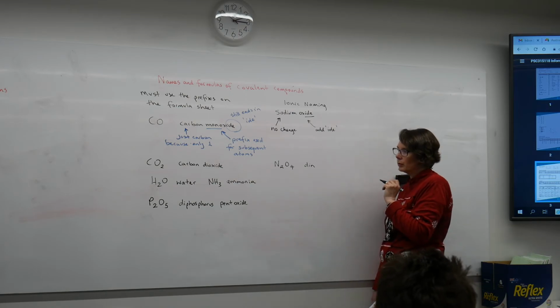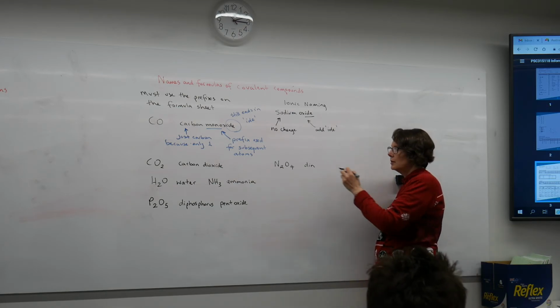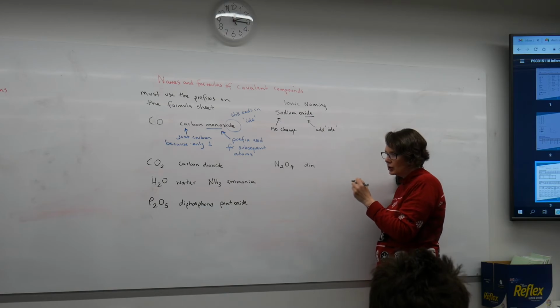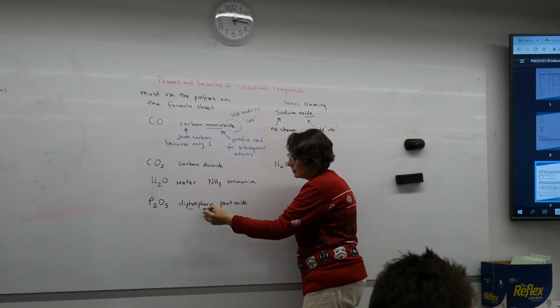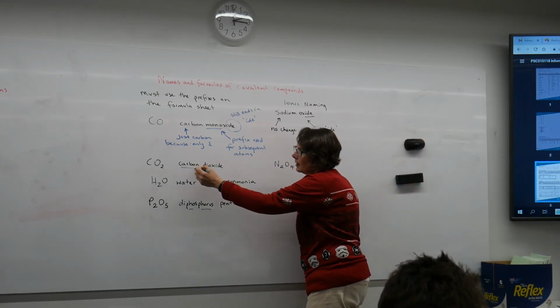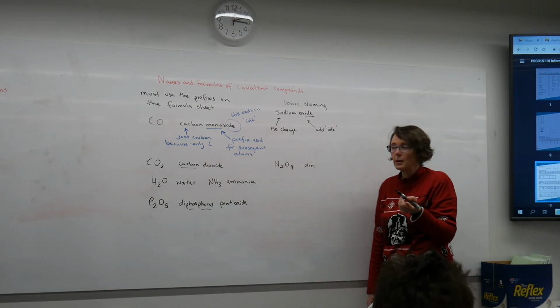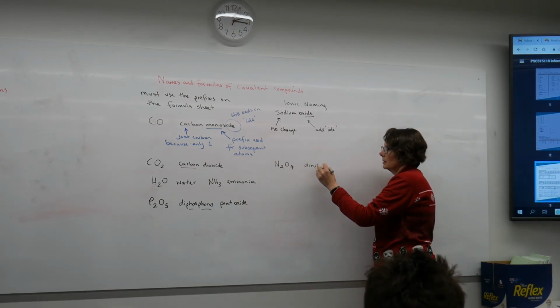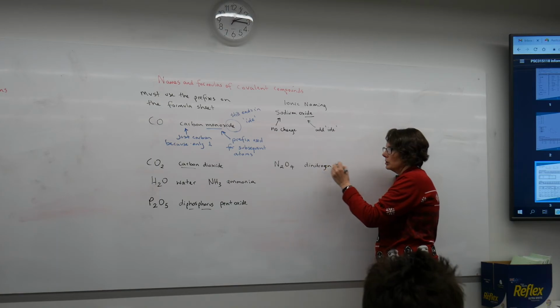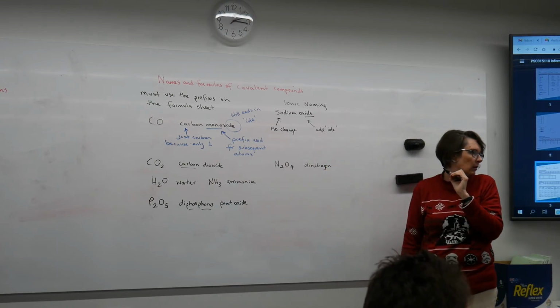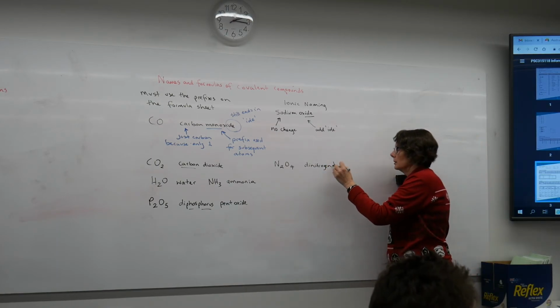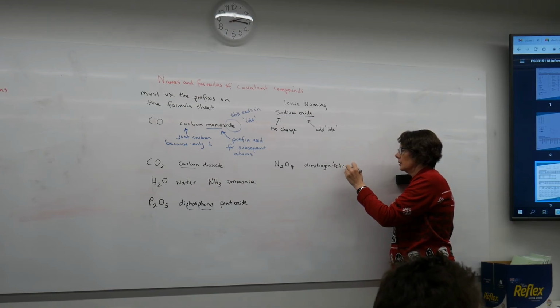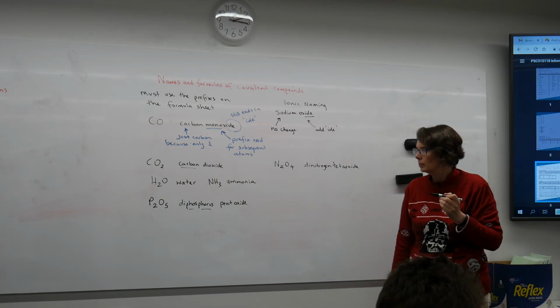No, good thinking. It's just the name again. So we're just putting in the name for that first one, but we have to say how many. So it's dinitrogen tetroxide, or tetraoxide, depending on how you derive it, yeah.